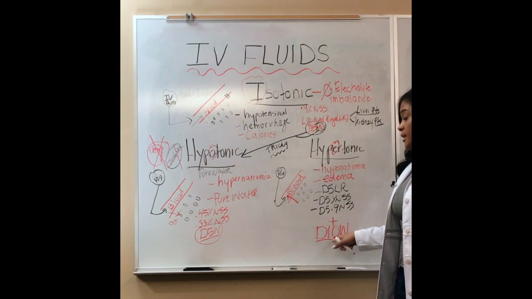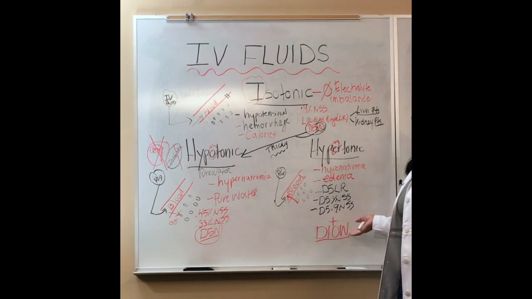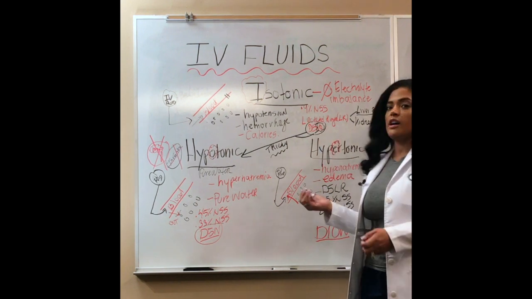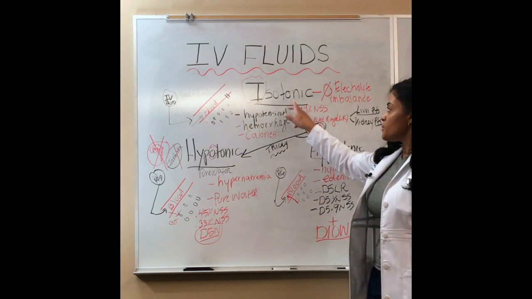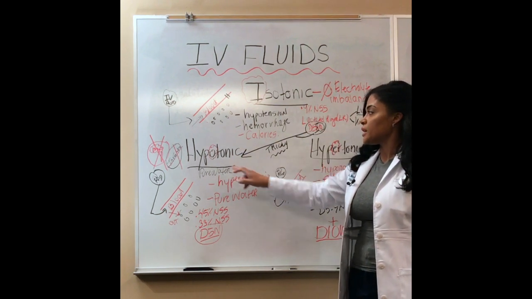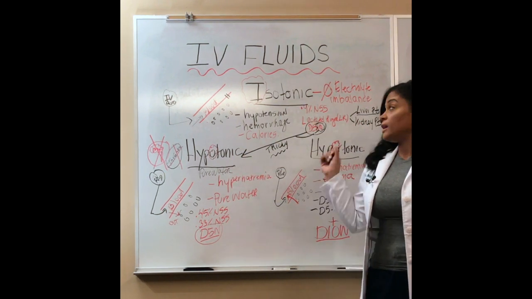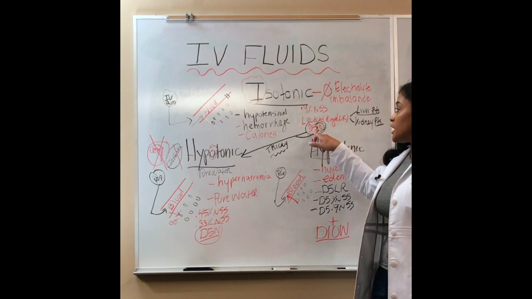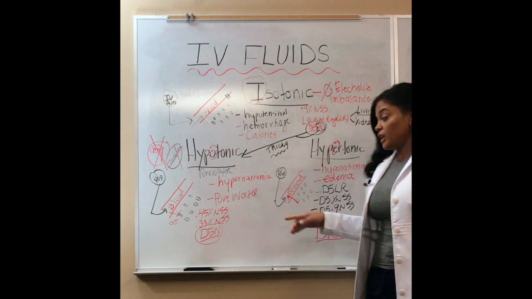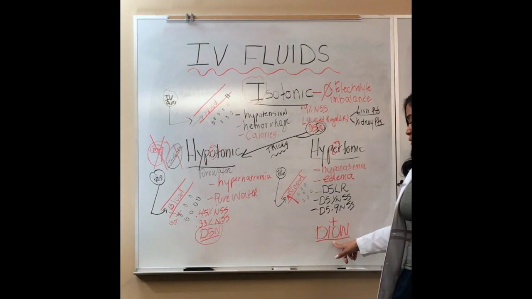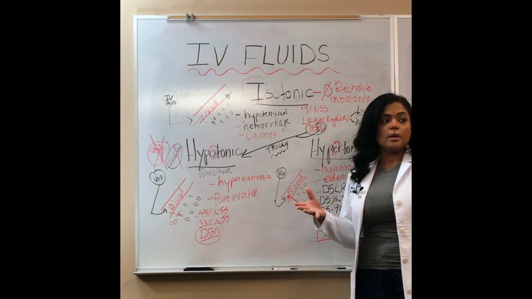And with D10, I get that question as to, why is it that D10 is not like D5? Why is it classified as a hypertonic solution as opposed to an isotonic and a hypotonic? Well, remember what I said in the beginning. The tissues can only take in 5% of sugar at one time. Therefore, when you're giving 10% dextrose in water, there's an additional 5% roaming.